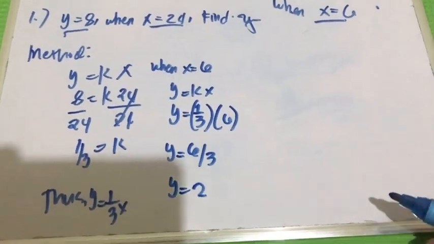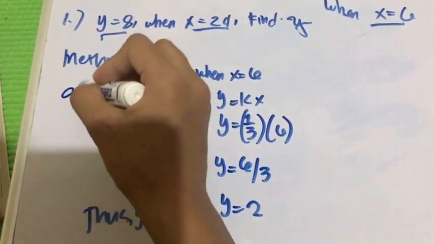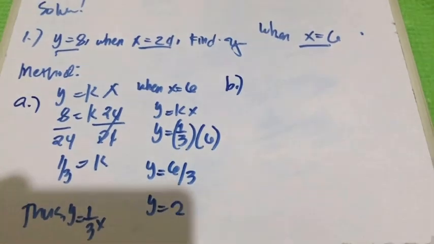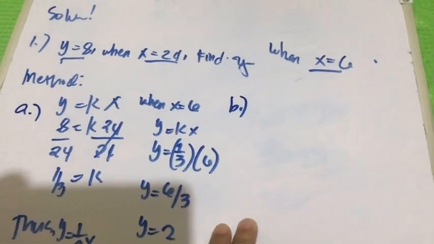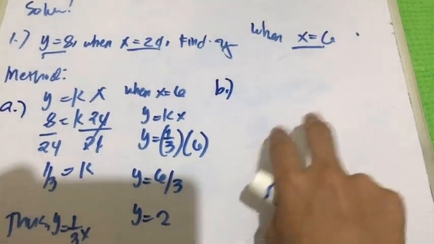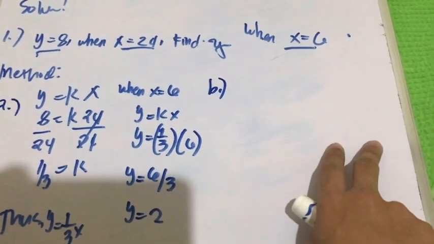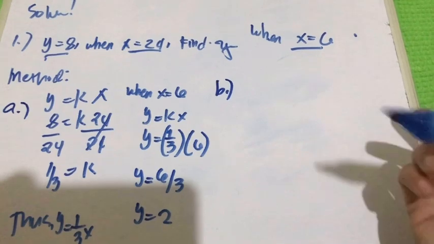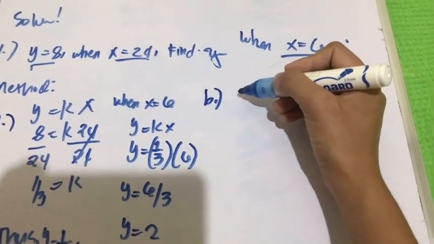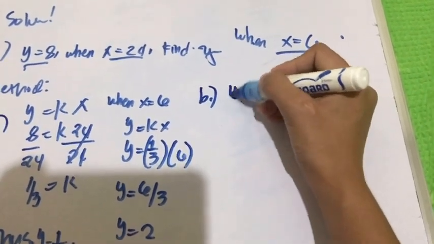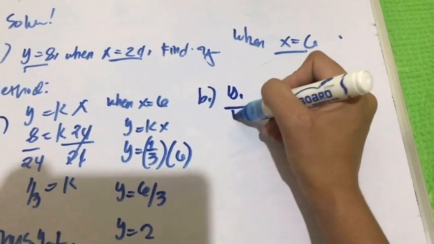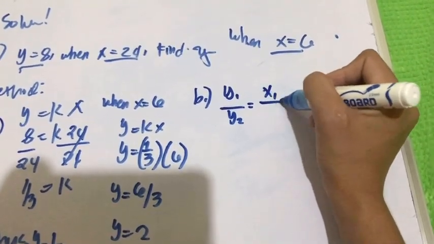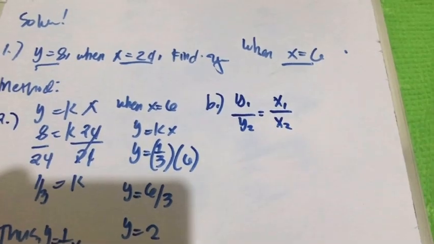So we could use method A or method B. Since y is directly proportional to x and we have two values for x and we are in search for another value of y, then we could have y sub 1 over y sub 2 is equal to x sub 1 over x sub 2.